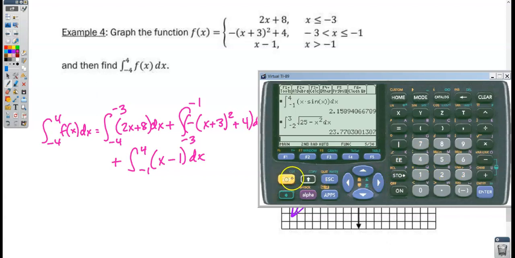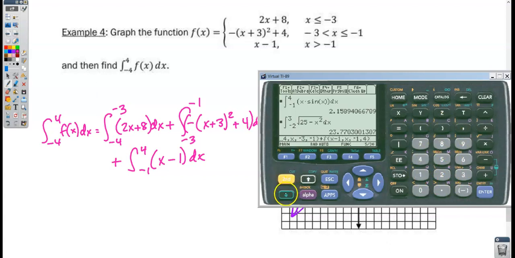So I'm going to go ahead and do the integral of 2x plus 8 from -4 to -3, plus the integral of the opposite of the quantity x plus 3 squared, plus 4, with respect to x from -3 to -1, plus the integral of x minus 1 with respect to x from -1 to 4.